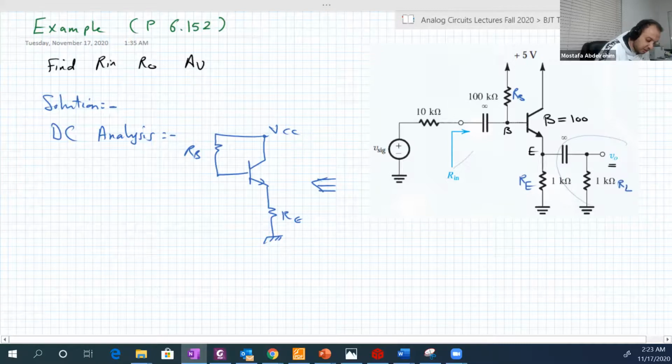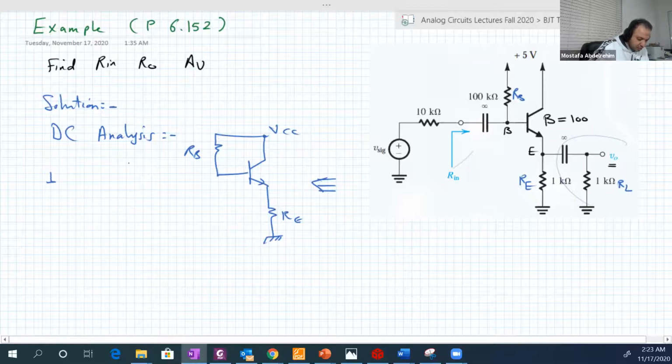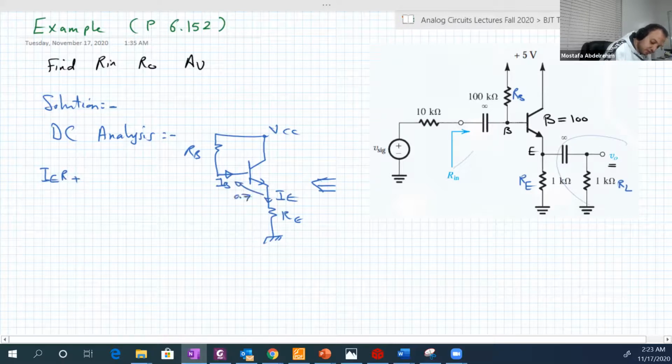Yeah, and that's it. So IE from that loop here. So as not to confuse you, what's flowing here is IB, and what's flowing here is IE. So IE RE plus 0.7 plus IB RB equal to VCC.